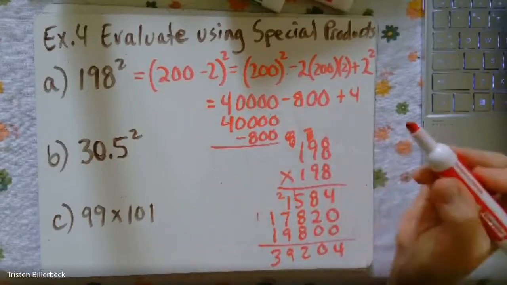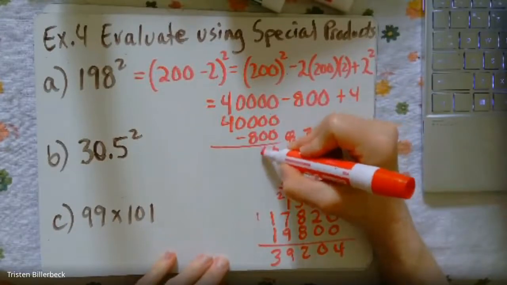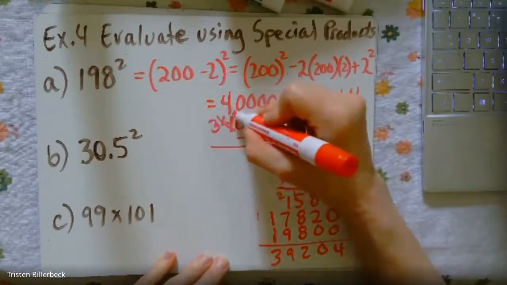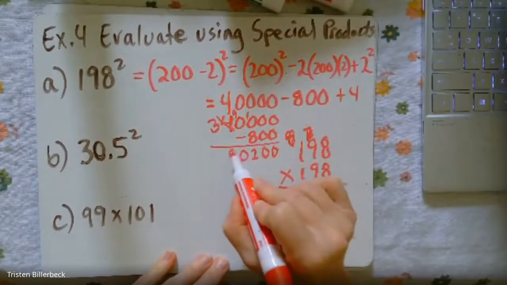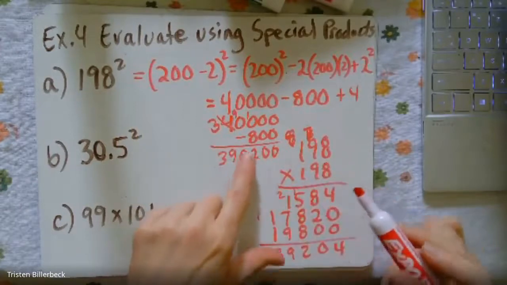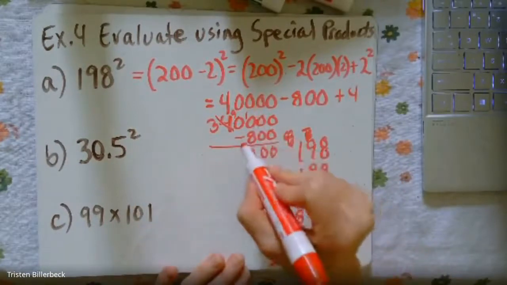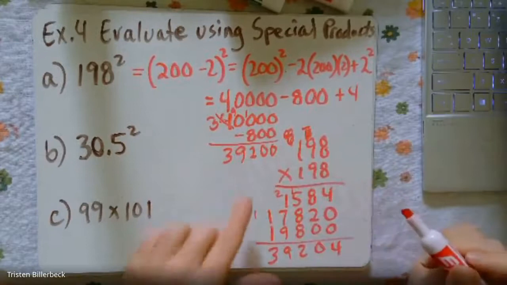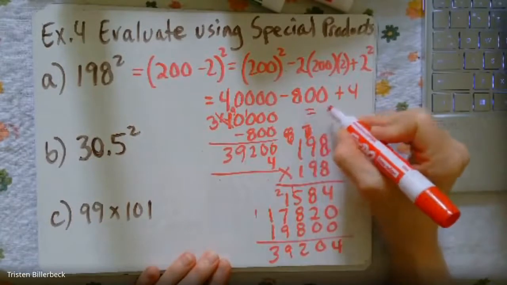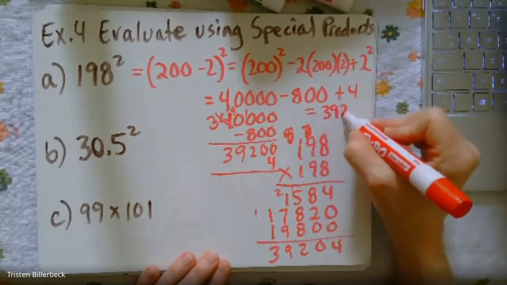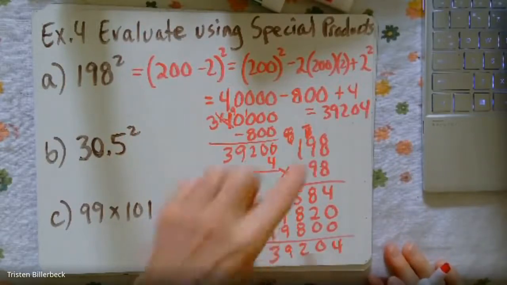Wait, Miss Billerbeck, you are adding 800. Okay, so when we subtract, we get 0, 0. This becomes a 3, 9, and then we get a 2, and then we have 0, 9, 3. Okay, whoops, too many zeros. Okay, and now we're going to add 4. So this is going to actually equal 39,204, which is what we got right here. Okay, so good thing I checked.